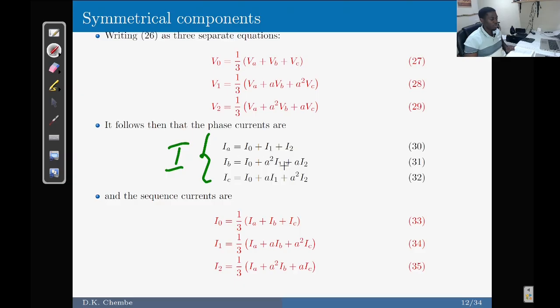Then we can equally rewrite the same if we have our phase currents as follows. Therefore, our sequence currents are also going to be equal to 1/3 (IA plus IB plus IC) for the zero sequence, 1/3 (IA plus A IB plus A squared IC) for the positive sequence. And the negative sequence is going to be 1/3 (IA plus A squared IB plus A IC).